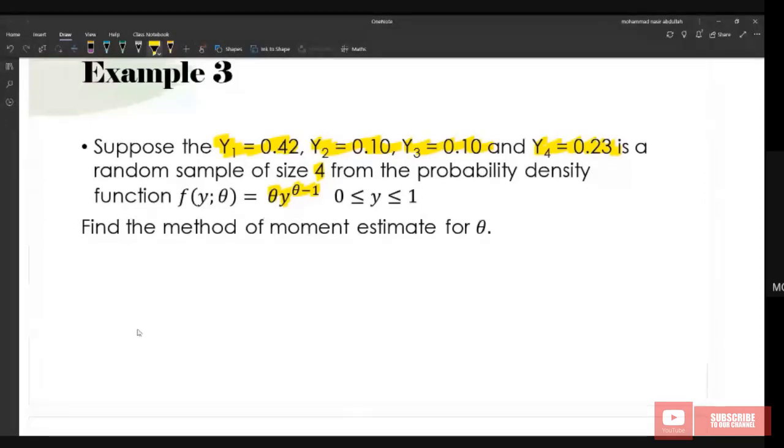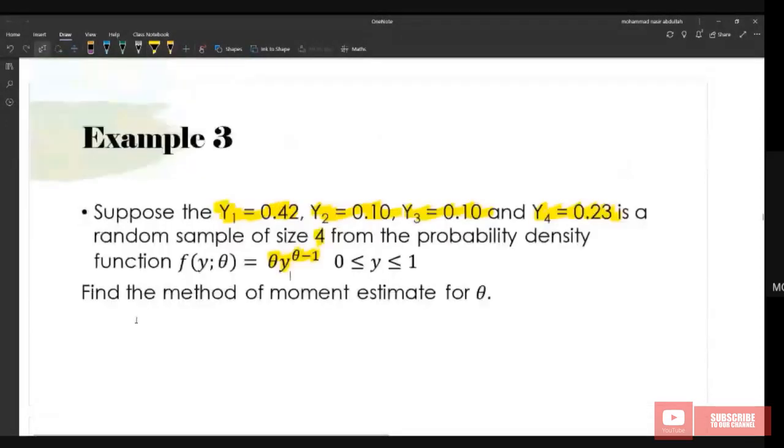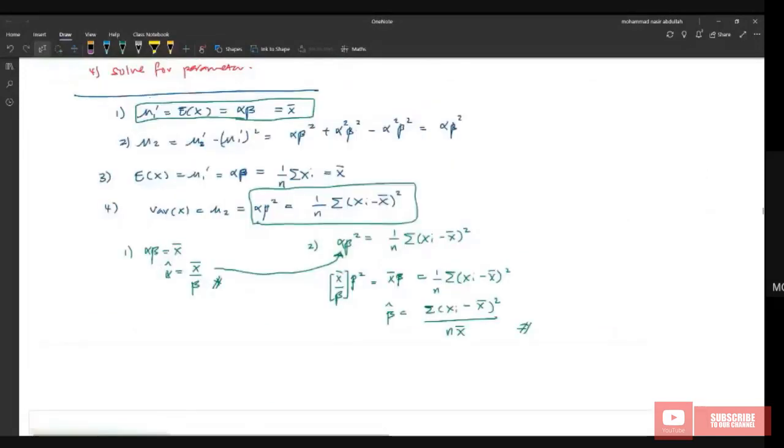Alpha hat and alpha are not the same. Alpha hat is denoted as an estimator. Alpha is just a value of a parameter. Alpha is a parameter.